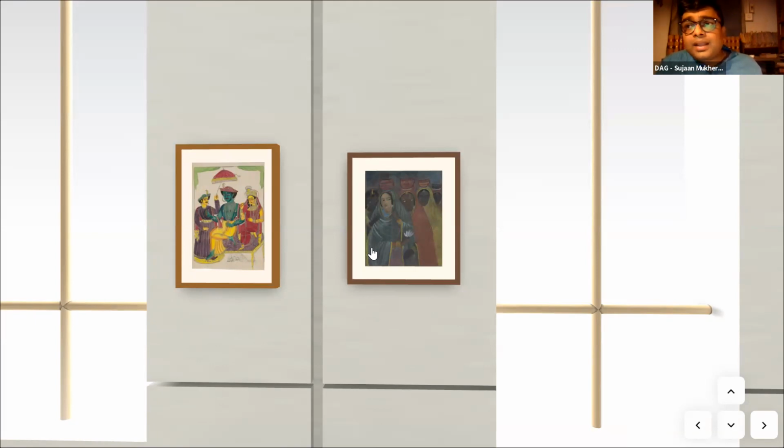Interestingly, I don't think they're exact contemporaries, but the only other name among women artists at this time who really comes to mind is Amrita Sher-Gil. And it's quite remarkable how different their trajectories are. Sunayani Devi is from this Tagore family, and she carves out a space for herself in her own right.